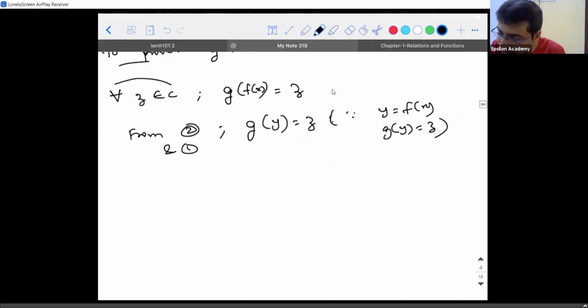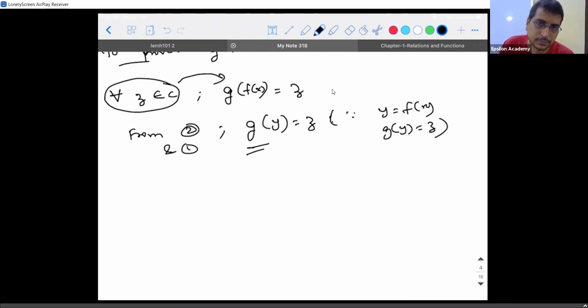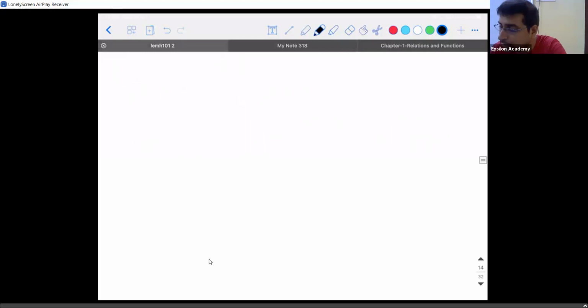Since for every z that belongs to C, there is a pre-image satisfying the condition g of y is equal to z, it is a 1-to-1 function. No, it is an onto function. The 20th one, you can take an example and do that.